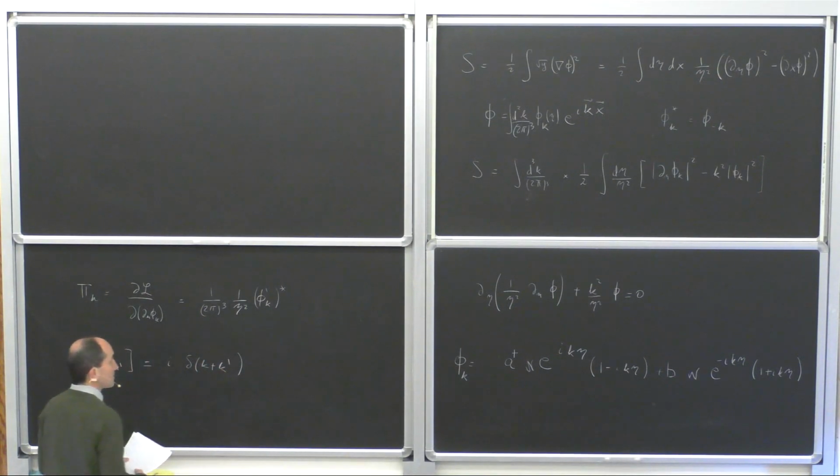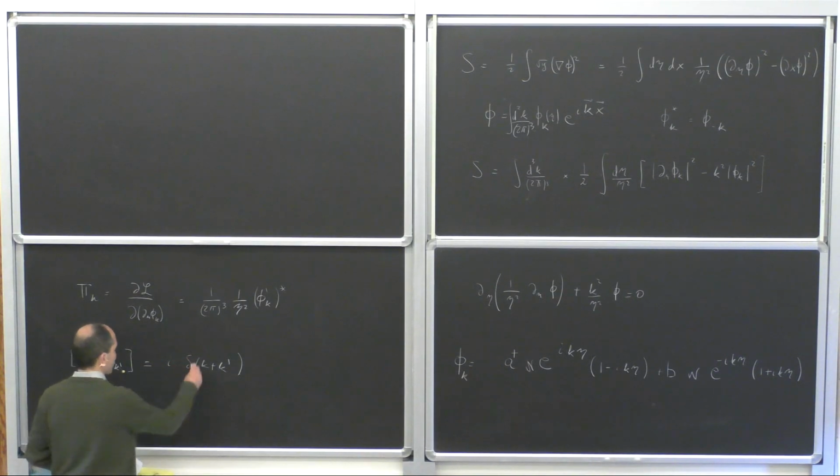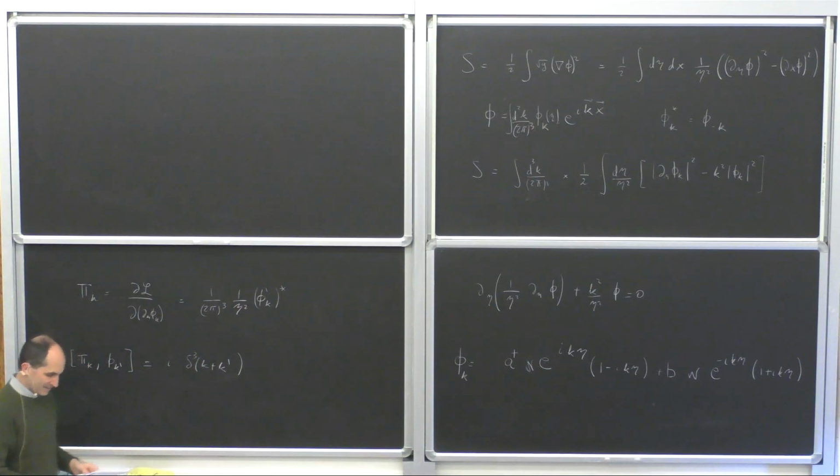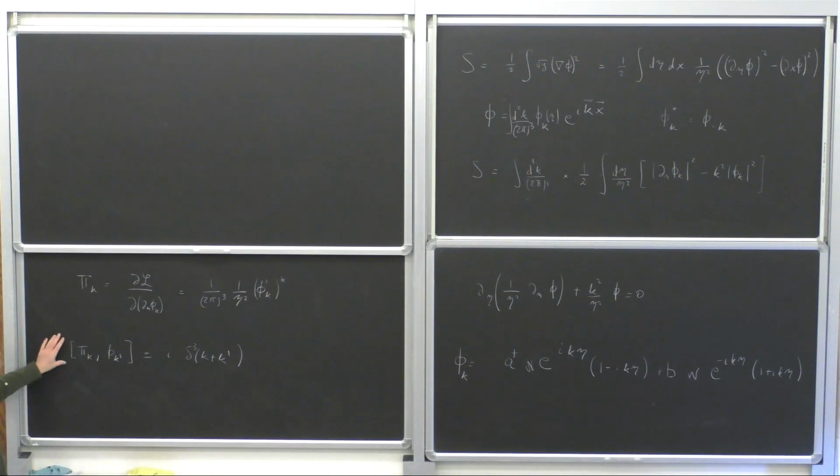So we have this continuous integral. If we have a k different from the k prime, we'll get this delta function cubed. Is that clear, or should I say a bit more? Okay, so this is the canonical commutation relation that follows from that Lagrangian.